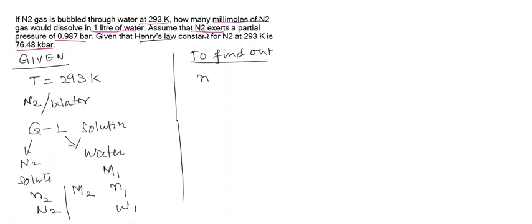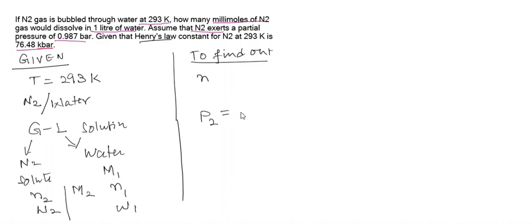And N2 exerts a partial pressure. So the partial pressure of nitrogen, let us indicate as P2. 2 represents here the solute in the gaseous form. So its partial pressure is given as how much?